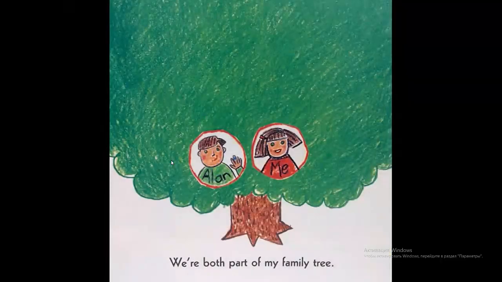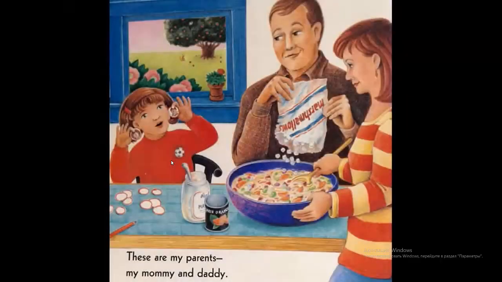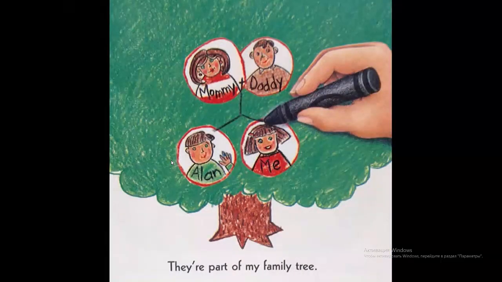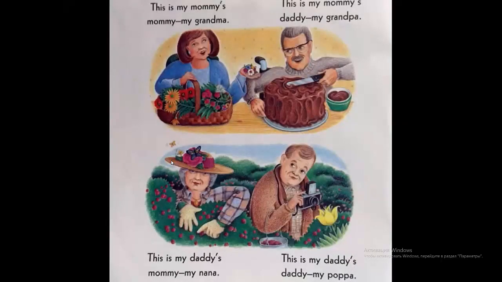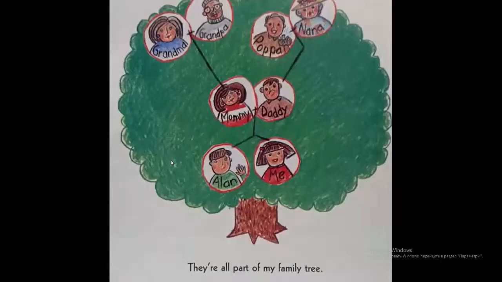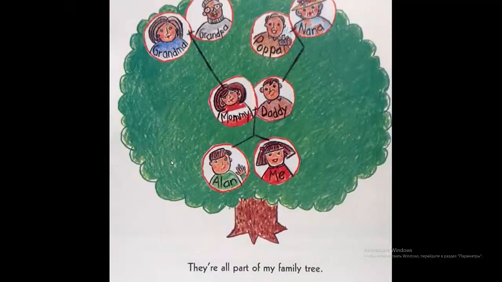We're both part of my family tree. These are my parents, my mommy and daddy. They're part of my family tree. This is mommy's mommy, my grandma. This is my mommy's daddy, my grandpa. This is my daddy's mommy, my nana. And this is my daddy's daddy, my papa. They're all a part of my family tree.